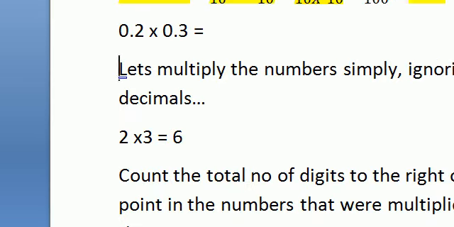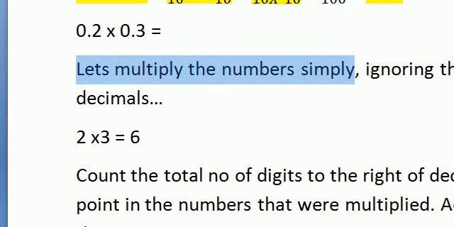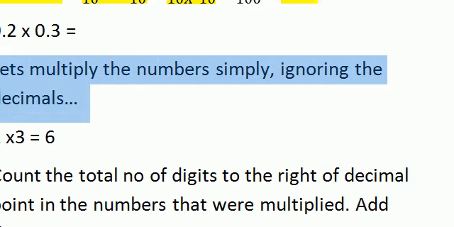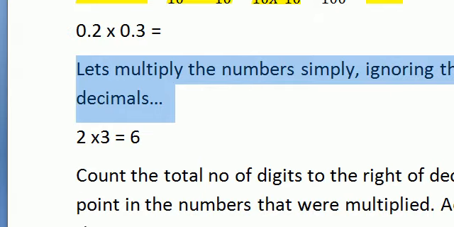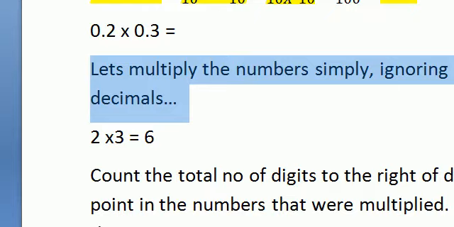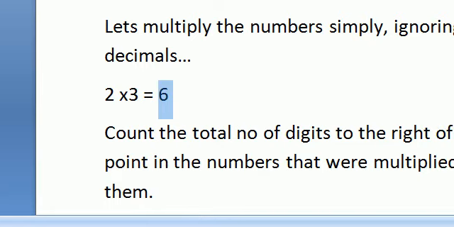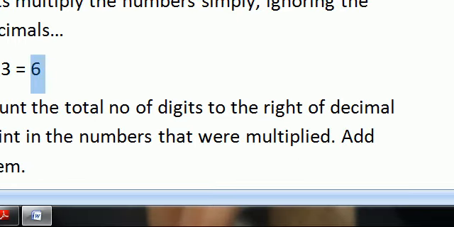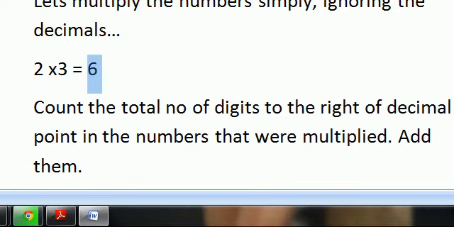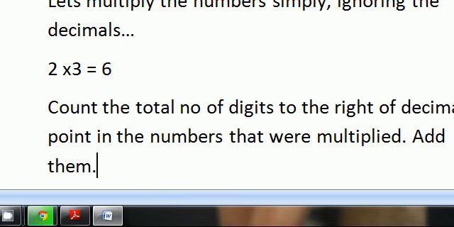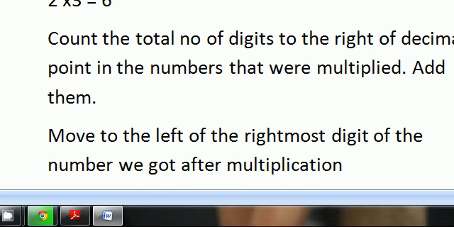First of all, let's simply multiply the numbers ignoring the decimals. We had the numbers 0.2 into 0.3. Let's ignore the decimal and have only the digits. So 2 multiplied with 3, the answer is 6. Now count the number of digits to the right of the decimal point in the numbers that were multiplied and add them.